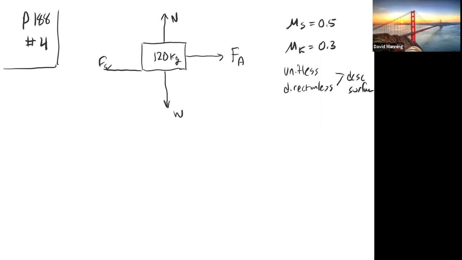So now we have our picture in part A. They say, what force can you exert horizontally without it slipping? So our goal is to find FA. Now, without it slipping, this tells us that the acceleration in the x equals 0.